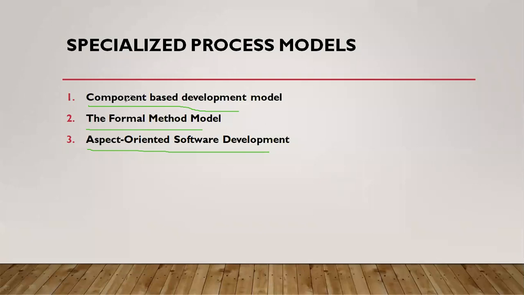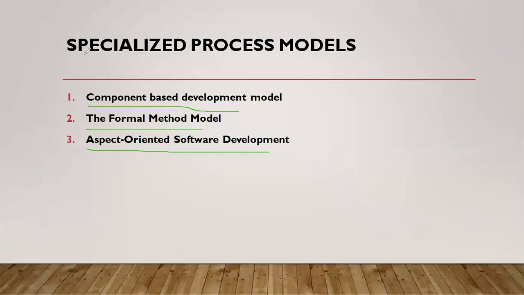The first one, the component based development model, has a reusability feature. That is one of the new features. While developing a project, a reusability element is inserted into the component based development model. Clear?